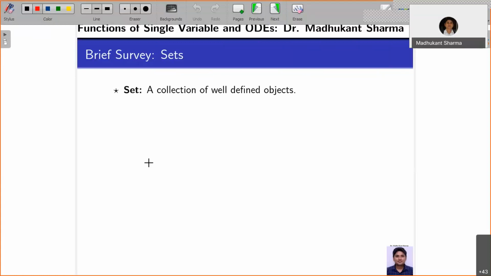Okay, but can you give me an example of a collection which you cannot specify as a set? By the definition, it is clear that it is a collection of well-defined objects. So can you give me an example of a collection which is a collection of elements, but they are not well defined?